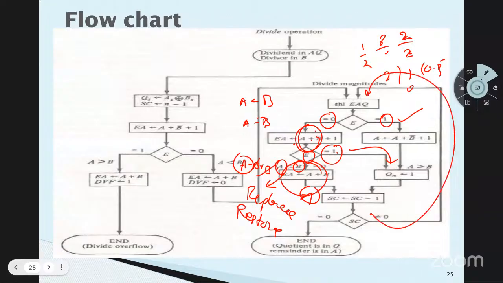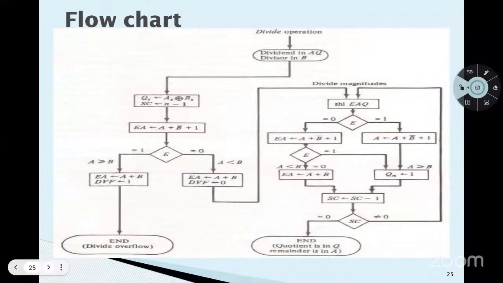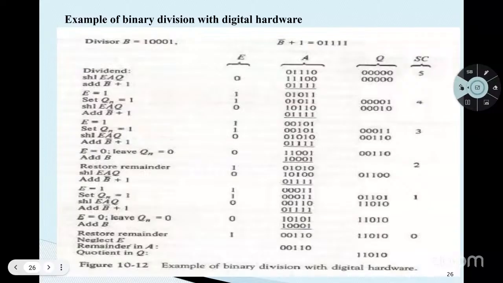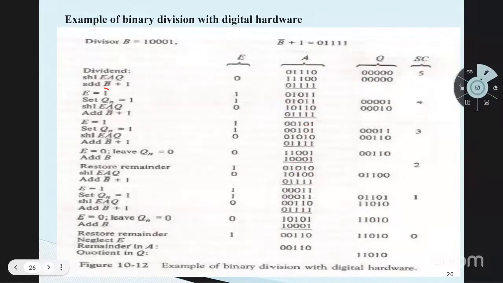This can be implemented in a flow graph, table structure. Shift left, E is equal to 1.